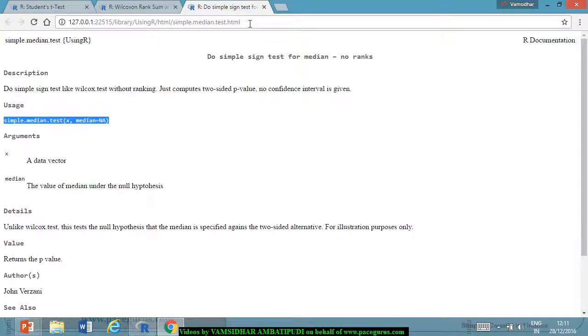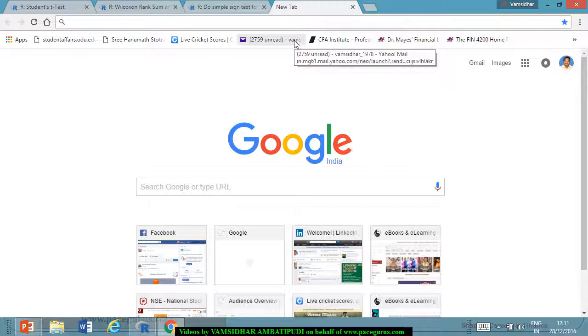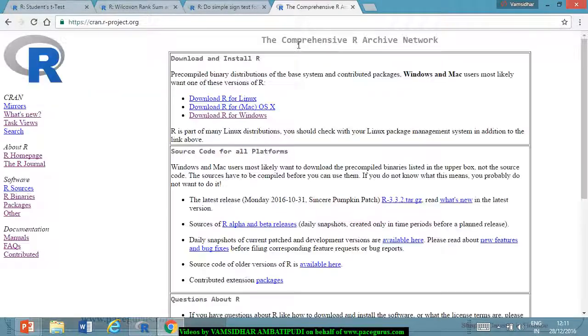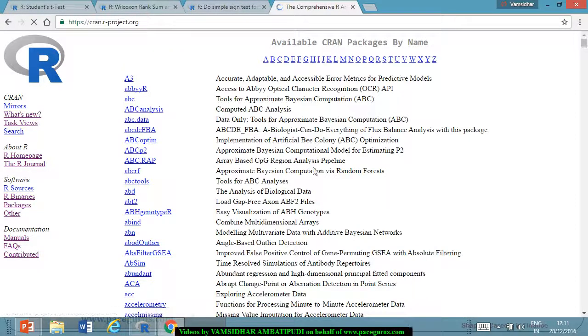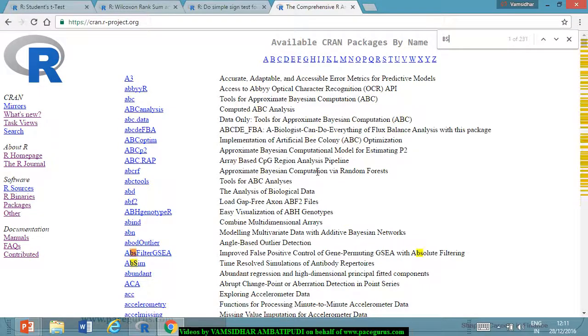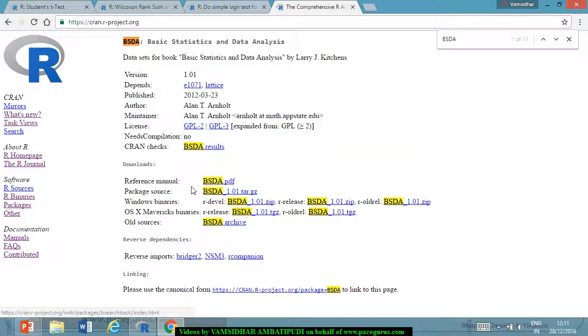Let me just see what is there in that BSDA package. Okay, basic statistics and data analysis is the name of this package.